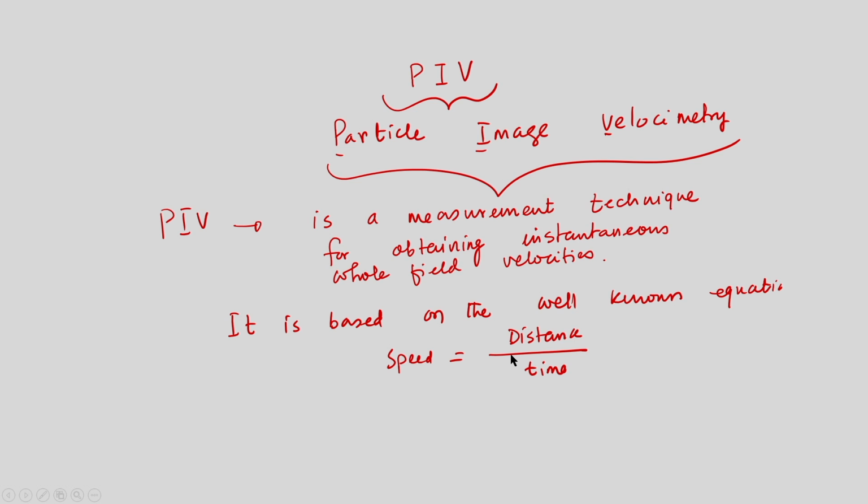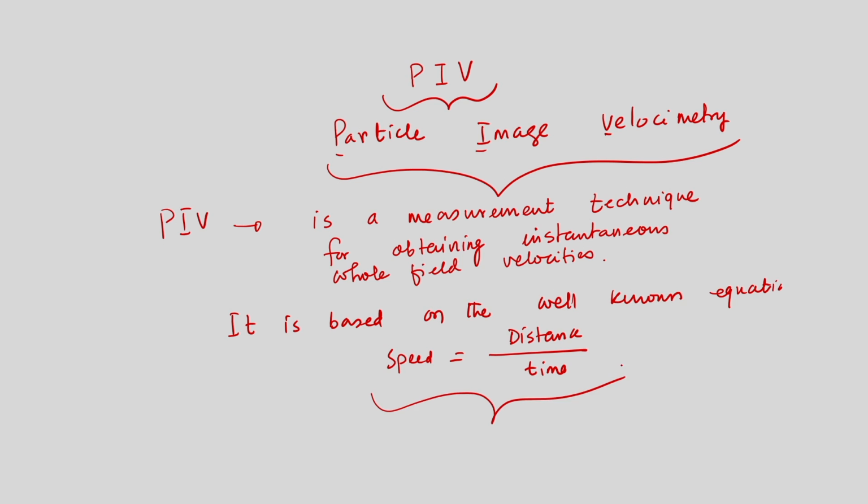That means the particle will move from one location to another location in the flow field, because there is a continuous flow. If we can somehow track the particle at a given location, and if we know the time at that point, and if we capture the same particle at a different location, and if we know the time taken by the particle to traverse that distance, we can obtain the speed of the particle.